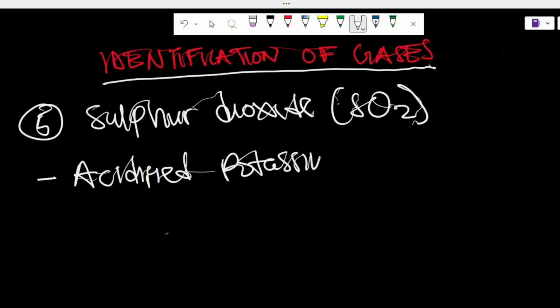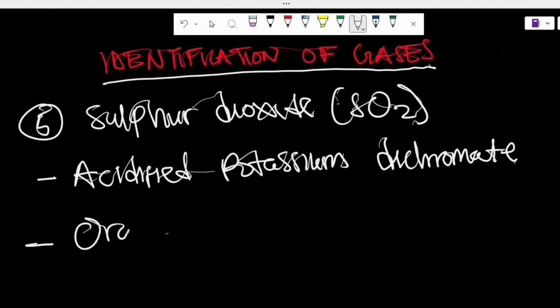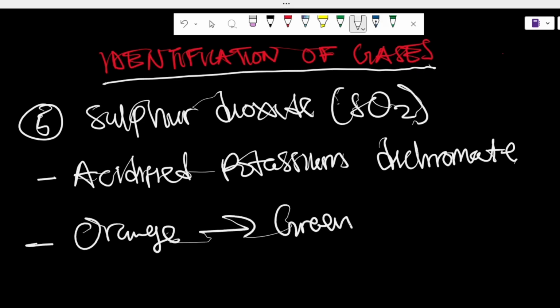And what happens is that when you use acidified potassium dichromate to test for sulfur dioxide, it turns it from orange to green. So when you see acidified potassium dichromate change to green from orange, then just know that what you are testing for is sulfur dioxide.